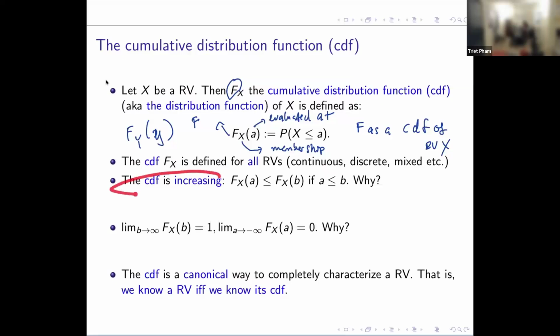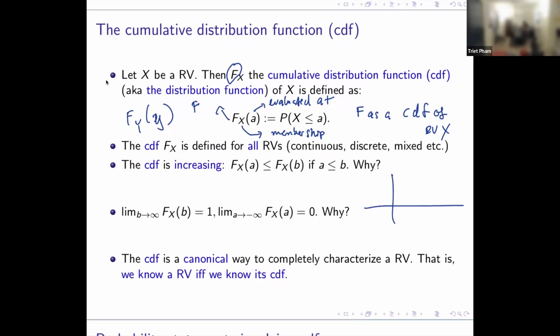But the first thing is that the CDF is increasing. So if you ever plot the CDF like that, with X here and F here, no one has to even look twice. That's nonsense.